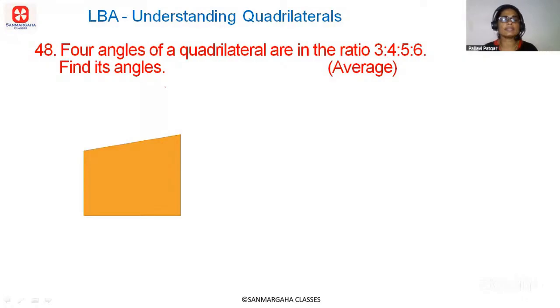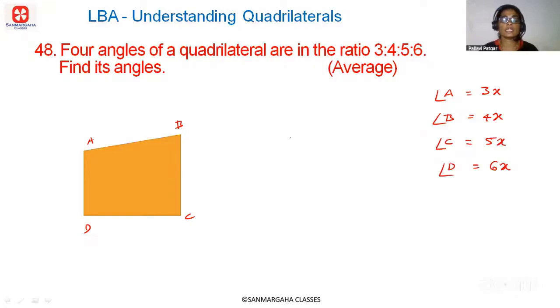Based on the given ratio, the four angles, take this as A, B, C, D. Angle A is equal to 3x, angle B is equal to 4x, angle C is equal to 5x, angle D is equal to 6x.